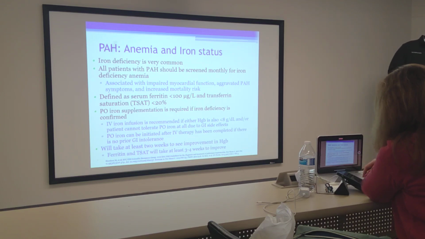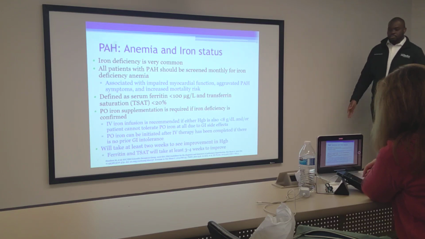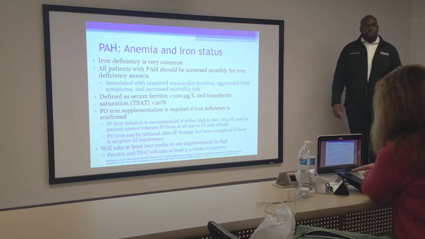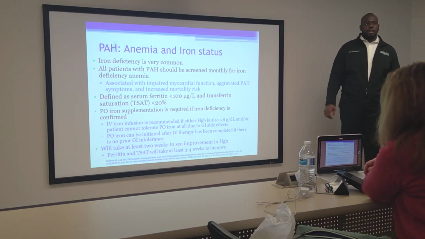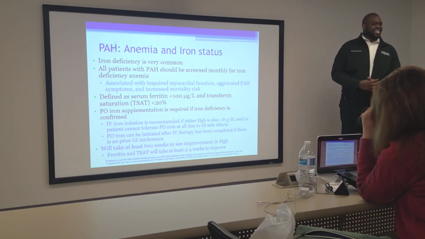Now, let me ask you guys this question. As I mentioned here, hemoglobin less than 8. Why do you think we have that measure there for IV iron? Why not higher than that? Why not lower than that? For the ferritin, is that what you're asking?